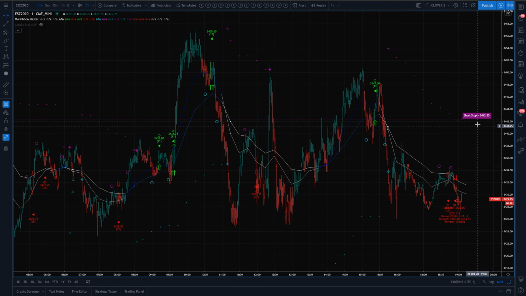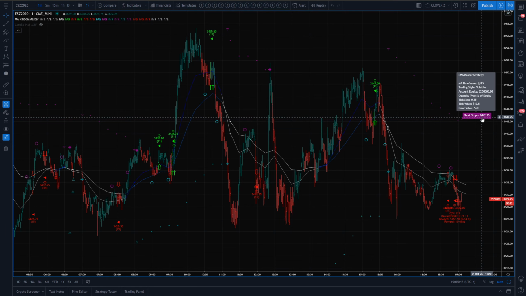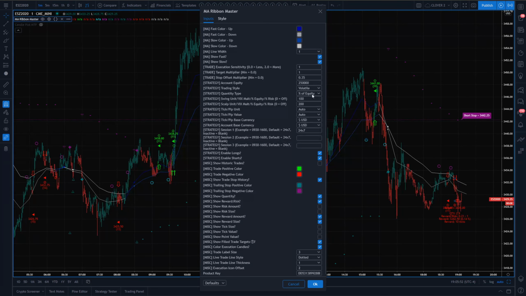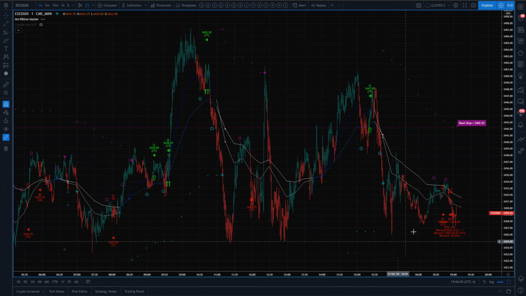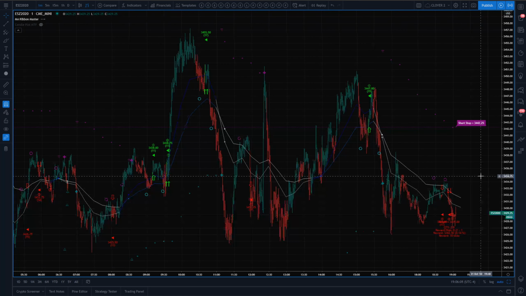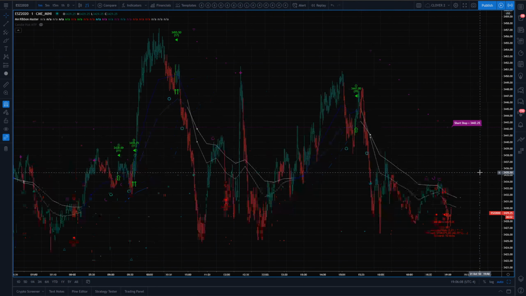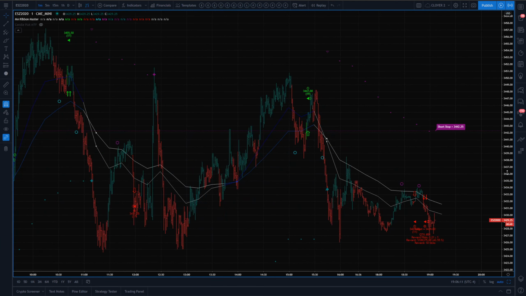So that feature is mostly for people that are coin traders. That's where I see people using that feature the most for the quantity type. The one that I like the most is percent risk. Percent risk will use the current stop and your current equity that you have specified in that equity field to show you the contracts that you should use.